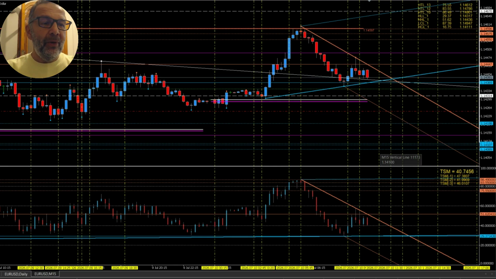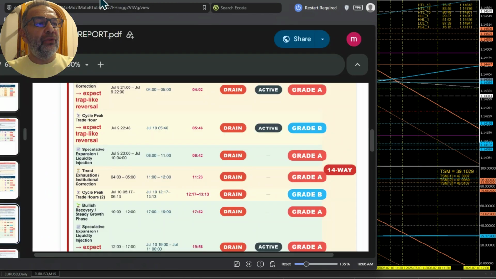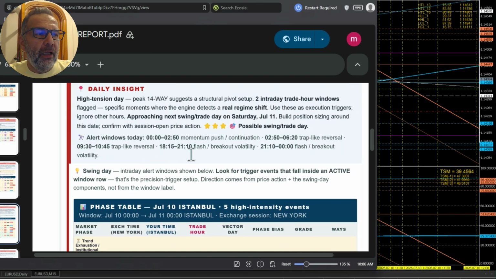How are you going to know if it's going to be a stop sweep or a crash? You won't know if you don't have cycle edge, because cycle edge will tell you at those periods if there is something going on, because not every day there's something going on. It'll say, look, flash breakout volatility. If something's going to break out, it's going to happen between 18:15 and 21:10. So that's between 6:15 and 9:10.